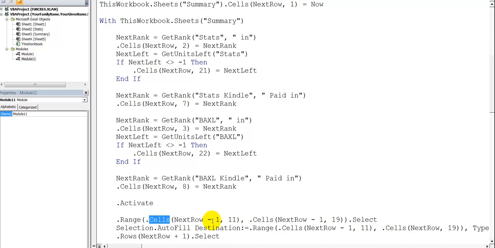But now we're specifying a particular one, which is what? Next row minus 1, so it's the previous row, and column 11. So that is a cell address, and this is also a cell address, right? Next row minus 1, same row, but this is cell 19. So we have two cell addresses, so we have indicated a range. I don't know exactly what range that is, but this selects that range. Okay? So that's what we have up to here.